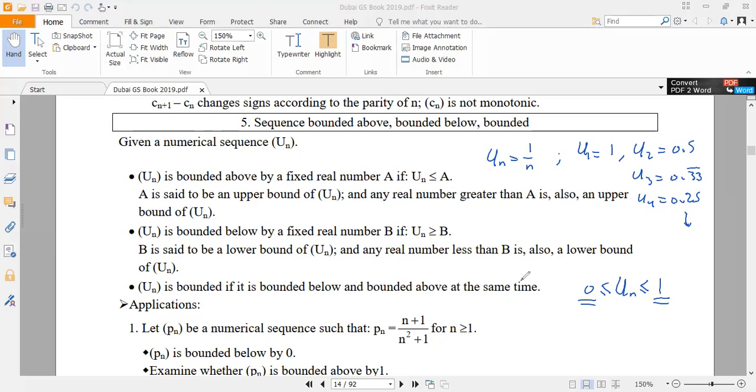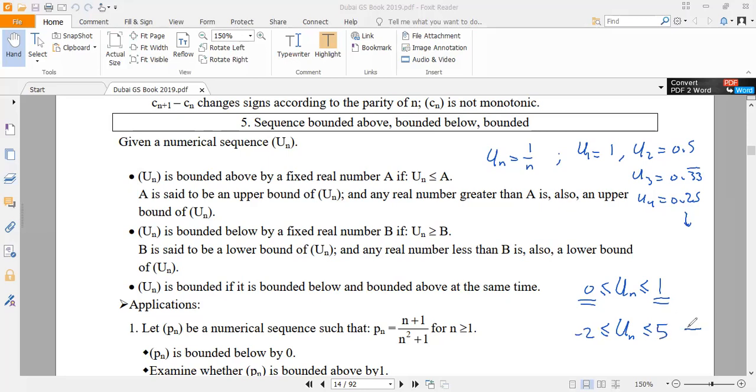Also, they told us here that any real number greater than 1 is also an upper bound. Can we say that the sequence un has 3 as an upper bound? Yes. Why? Because un cannot be greater than 3. And we can write, for example, that un is between -2 and 5.